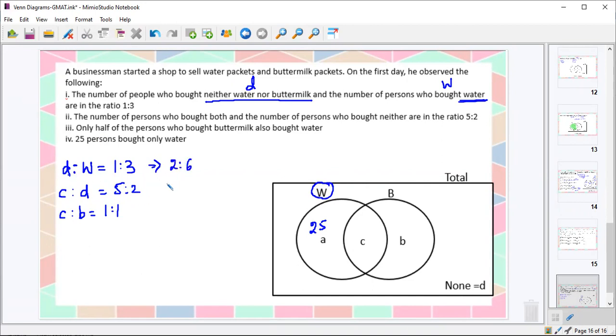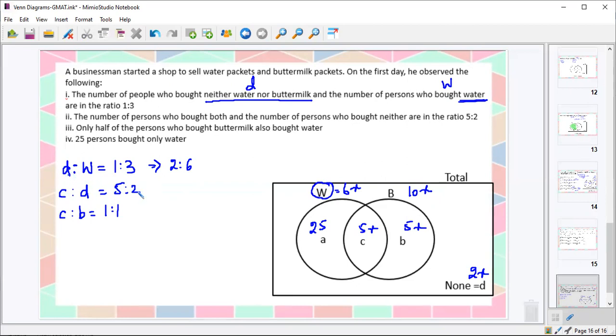Now if I represent small d as 2x, small c is going to be 5x, capital W is equal to 6x, small b will be 5x, and capital B is equal to 10x. So I've got all the values in the form of x. What have I done? This d represented 1 unit and was 2 units over here, so I've just multiplied this by 2 so that I can assign a single value to d.